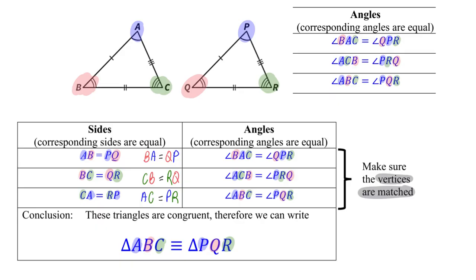So as I mentioned, if I were to write angle CAB, then the corresponding angle would have to be written as RPQ.